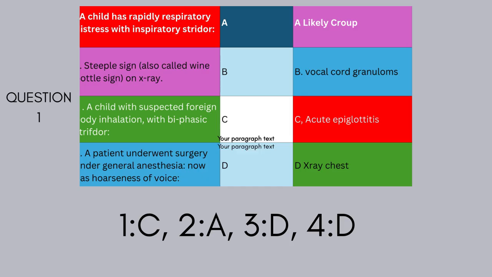The conus elasticus is a fibroelastic structure much stronger than the false cords or the aryepiglottic folds. So it provides the framework on which the true vocal cords are formed.